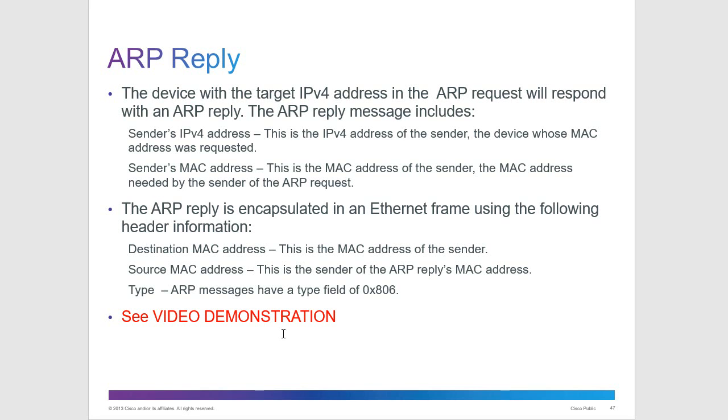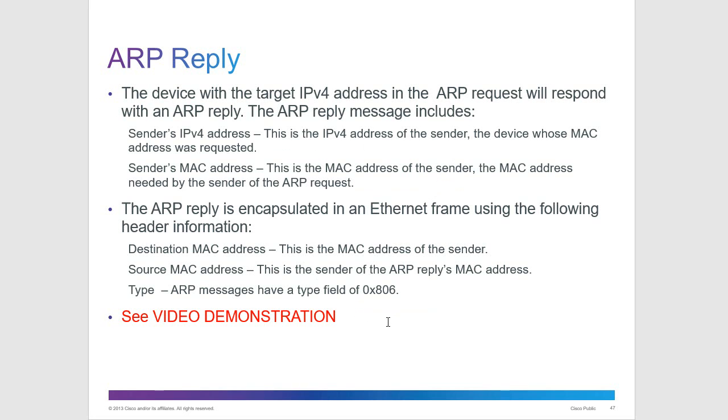That's kind of confusing because we're saying that the sender is the one replying to the ARP request, and the sender they're referring to here is the one who sent the ARP request in the first place. So I know it says sender here twice. Don't let that confuse you. Those are two different stations, the one replying and the one who requested initially.